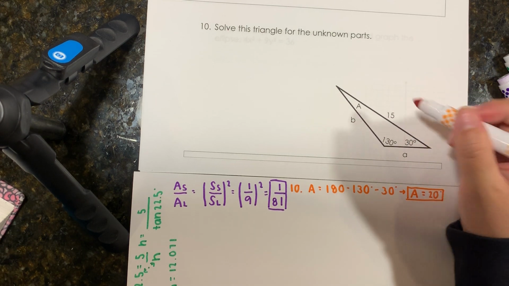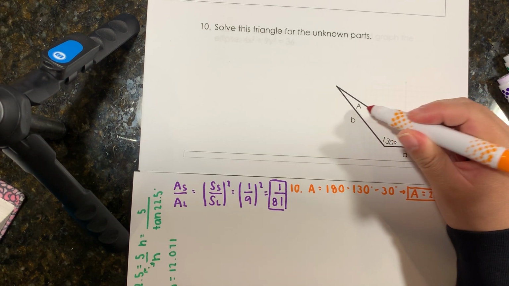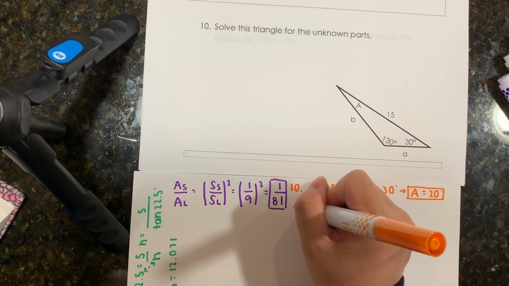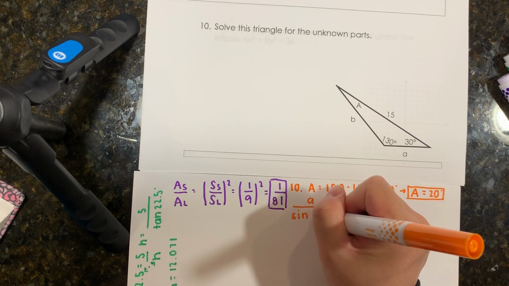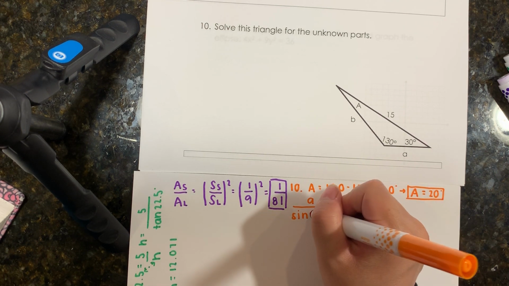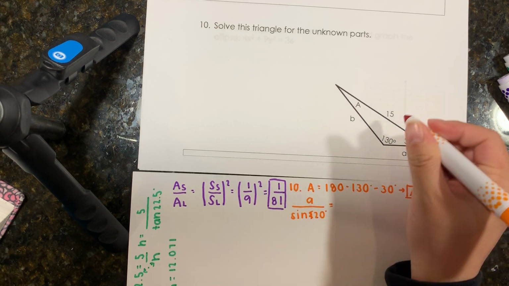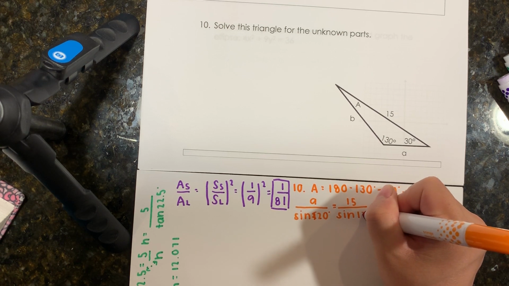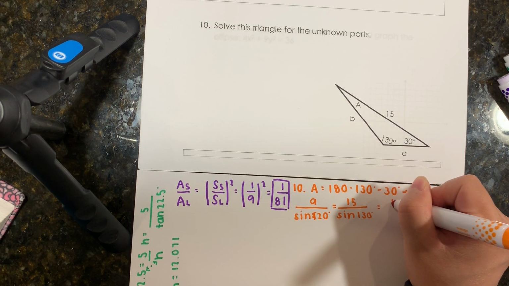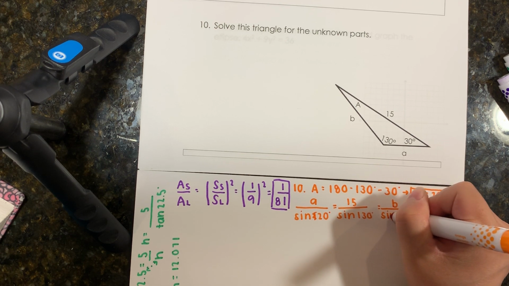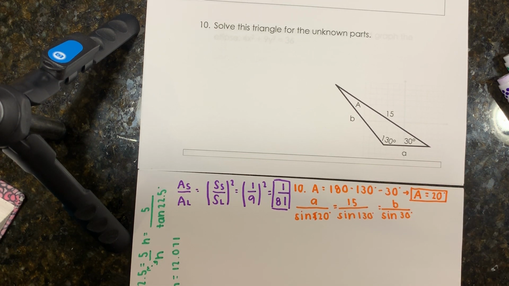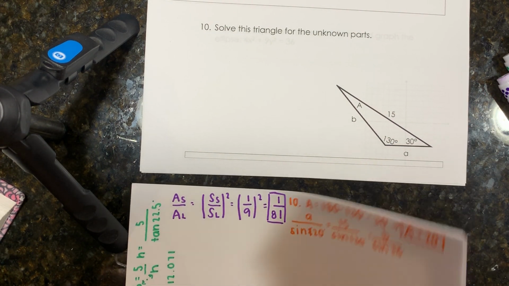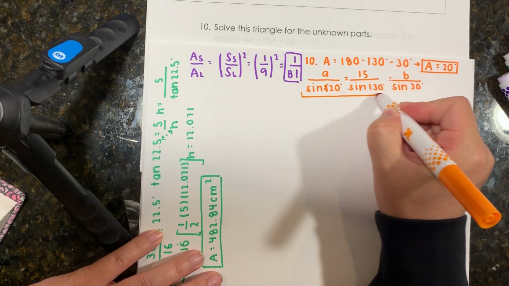Now to set up your ratios, it's the side opposite the angle that constitutes the pair. So that would be side A over the sine of 20, my bad, equals 15 over the sine of 130 equals B over the sine of 30. So I'm going to start with solving for A. You're going to set these two equal to each other and cross multiply them.